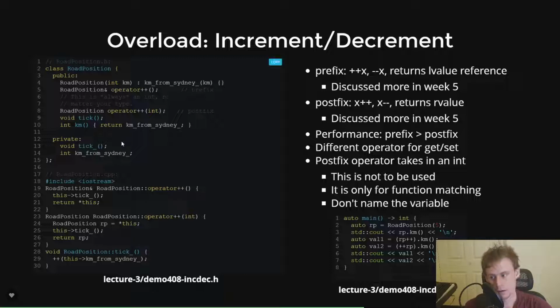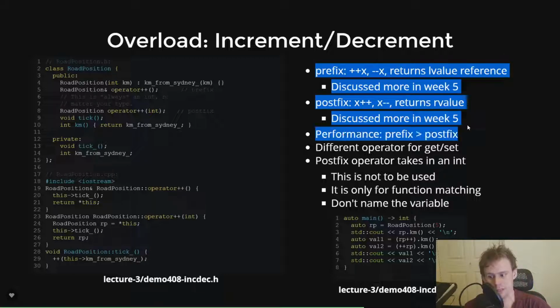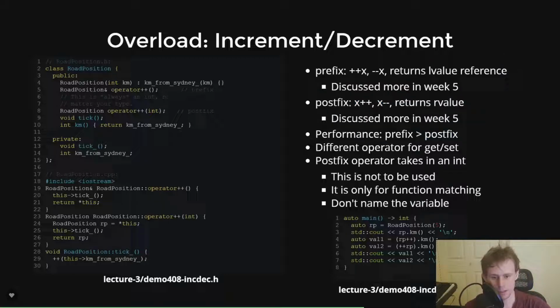What is important though is the difference between prefix and postfix, which is what this example is about. So prefix increment is where you do ++x, and postfix increment is where you do x++. We're going to learn more about some of this stuff in week 5, but essentially, and you might have learned this from other parts of courses, a prefix operator increments the value and then returns it. A postfix operator kind of returns the value, then increments it.